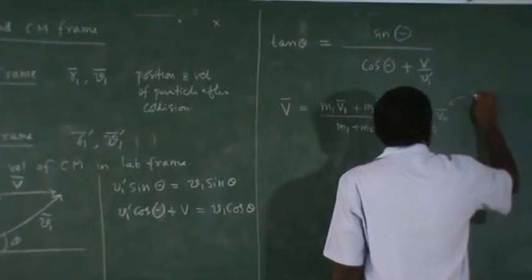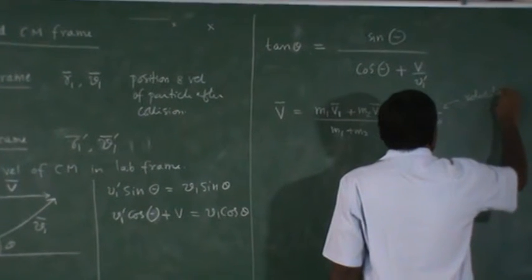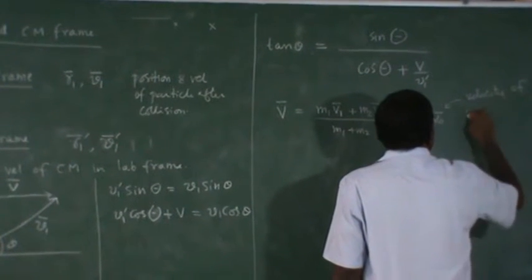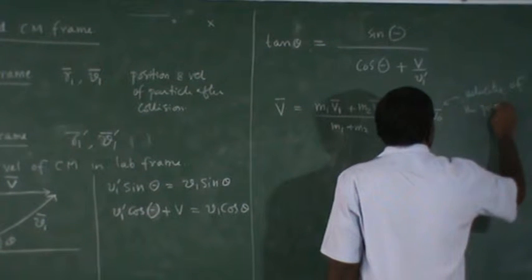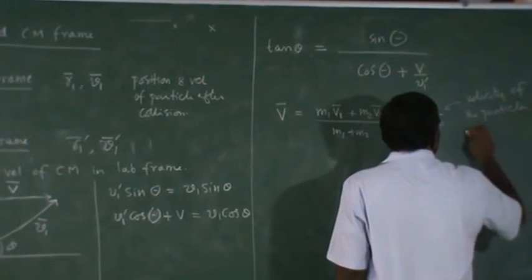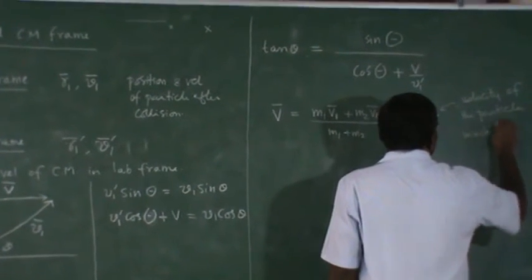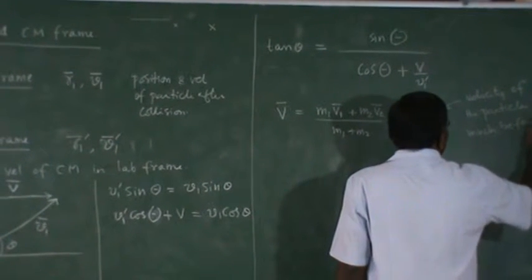V0 is the velocity of the particle much before scattering.